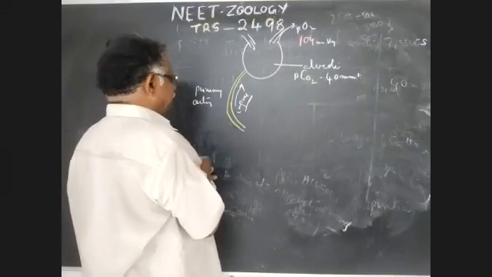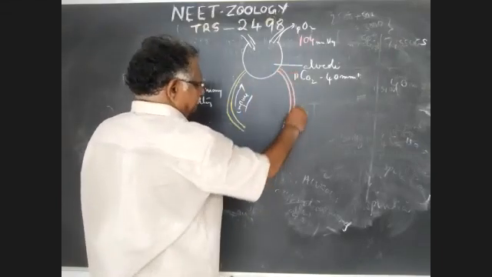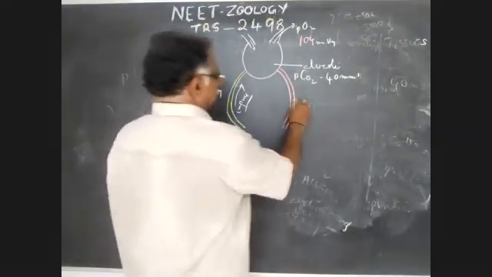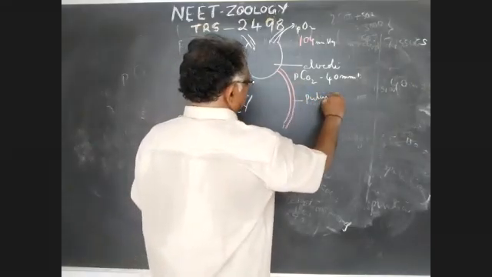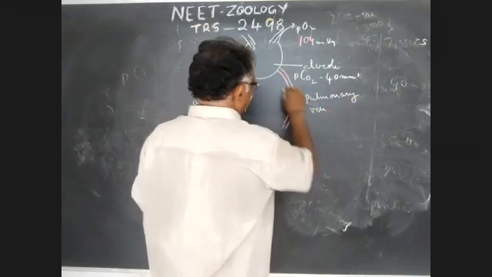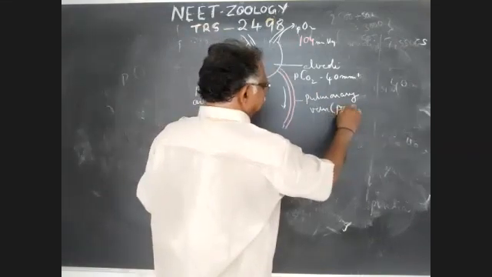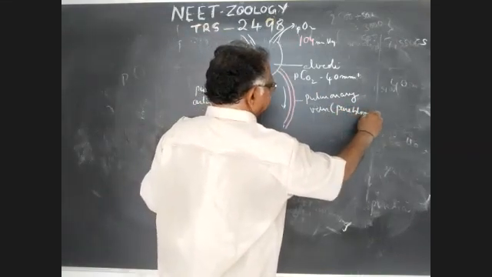Similarly, the pulmonary vein carries pure blood to the heart.